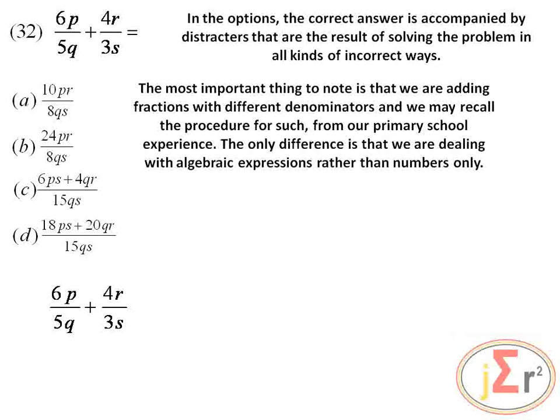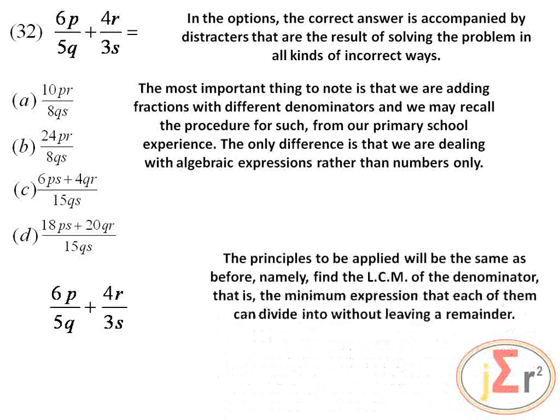The only difference is that we are dealing with algebraic expressions rather than numbers only. So in this particular case, we are taking a look at algebraic fractions, but the principle will be the same, and we will follow some of the same procedures.